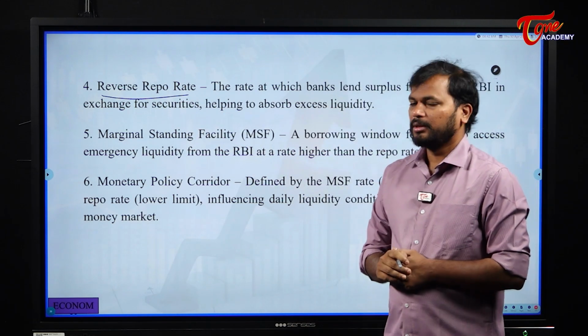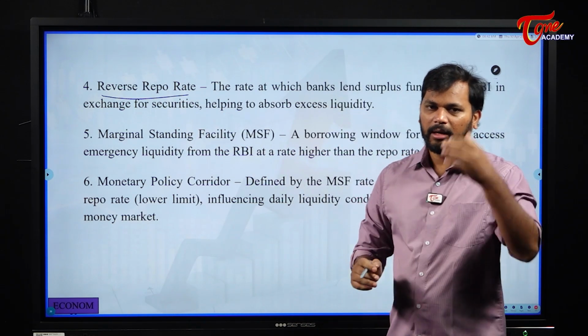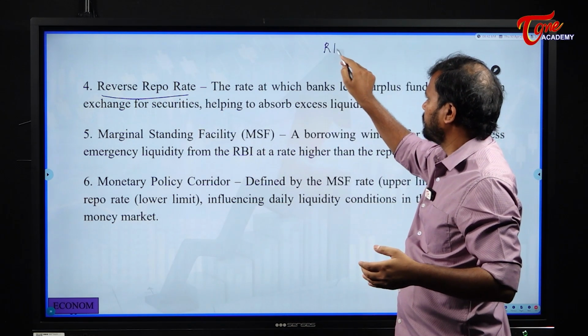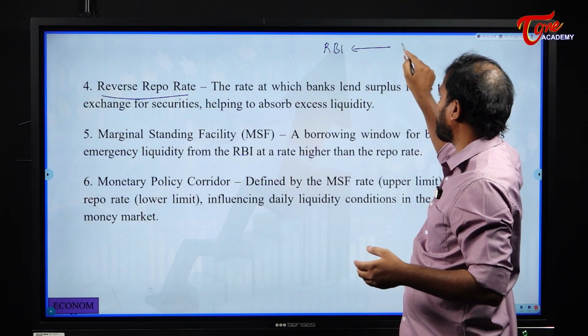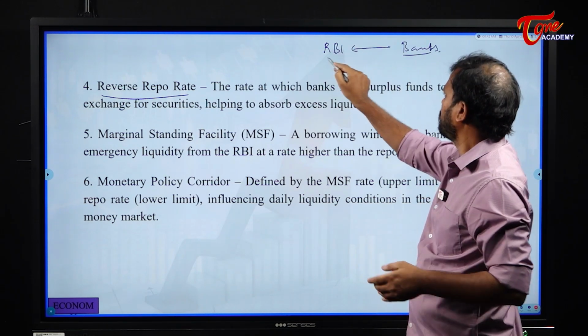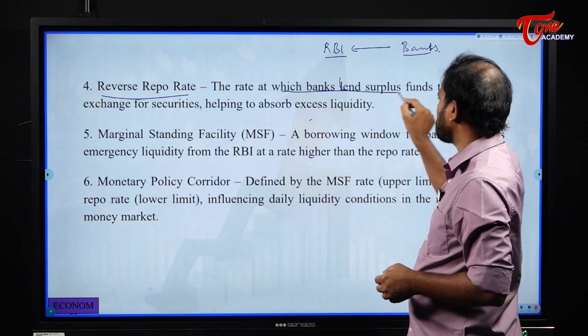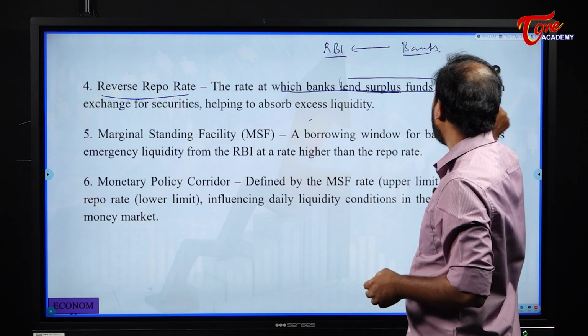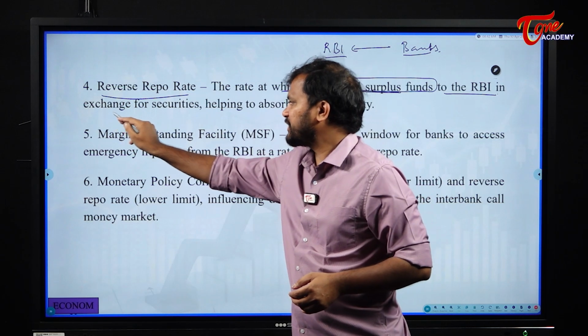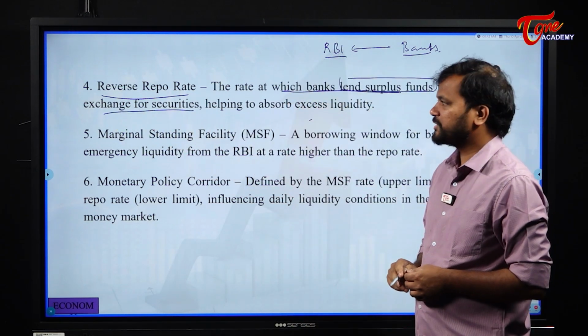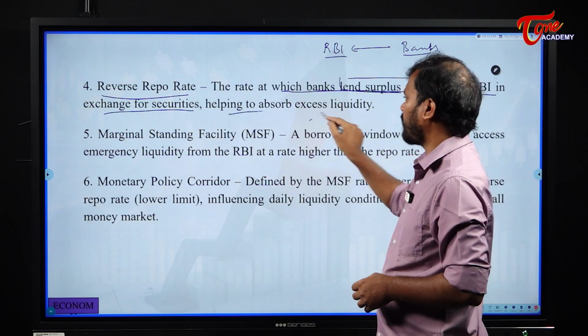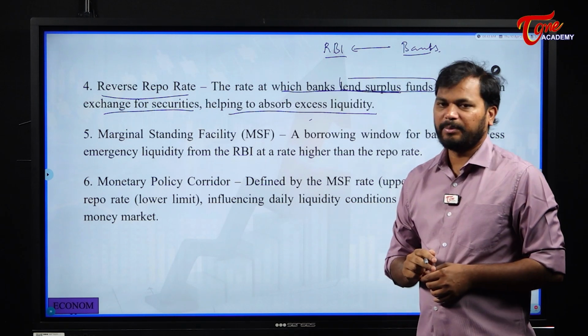Reverse repo rate is nothing but RBI taking loan from the banks. The rate at which banks lend surplus funds to the RBI for the exchange of securities, helping to absorb excess liquidity.